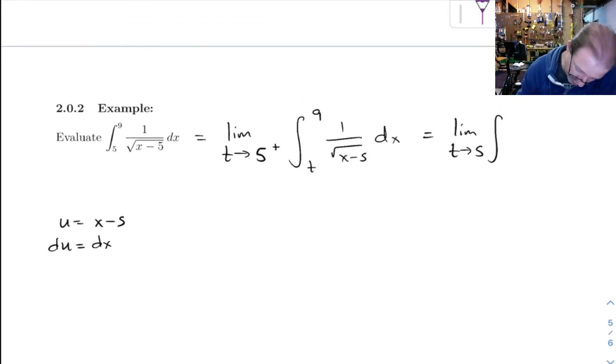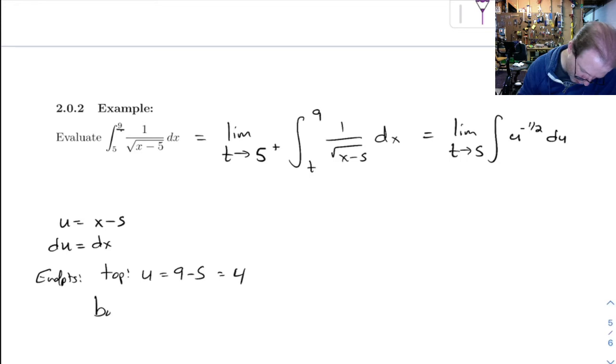This becomes 1 over the square root of u, or u to the minus 1/2 du. My endpoint on top is u equals 9 minus 5, which is 4. And on the bottom, my endpoint is u equals t minus 5, and we just have to leave it as t minus 5.